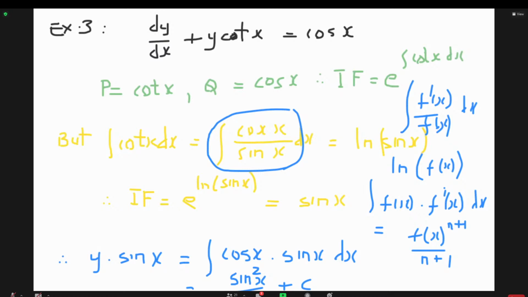So you realize that the hardest part of this is to revise your integration. So sorry about that, but let me get rid of some of this stuff here.